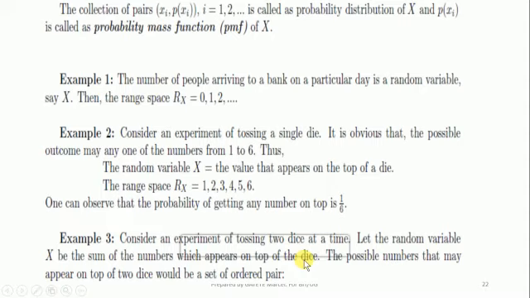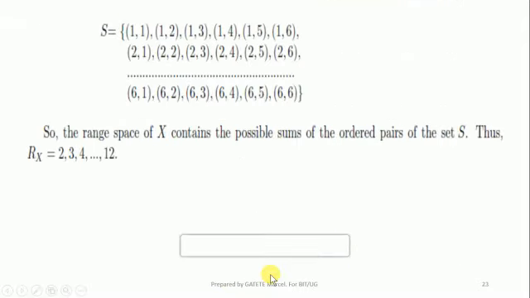It means that if you throw them, 2 sides will come at the top, 1 for each die. So the possible numbers that may appear on the top of 2 dice would be a set of ordered pairs.